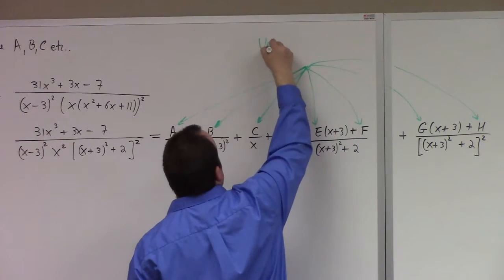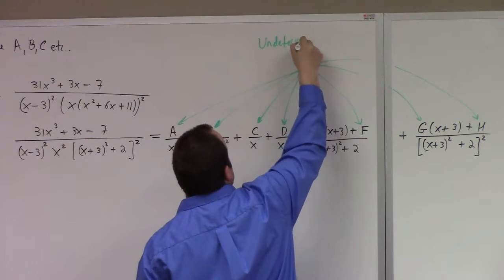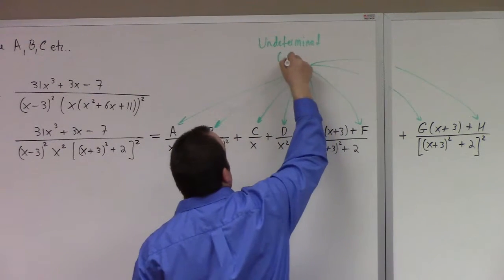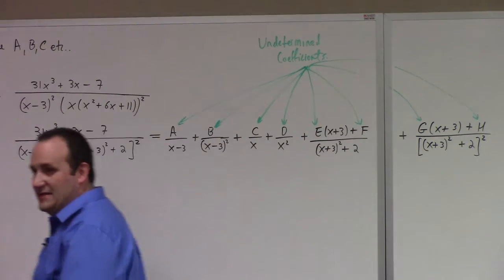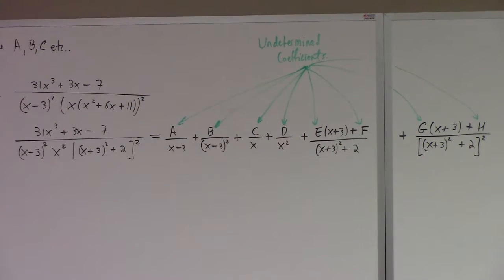These are the undetermined coefficients, right? I want to leave them undetermined in this example. I just want you to set it up. So there you go, that's the answer.